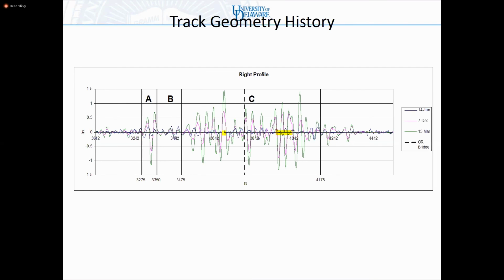This is June, this is the following December, and this is the following March. This is in inches, sorry. This is about 40 millimeters up here, and about 25 millimeters over here. So you can see how quickly it can degrade, and this is how you follow it.